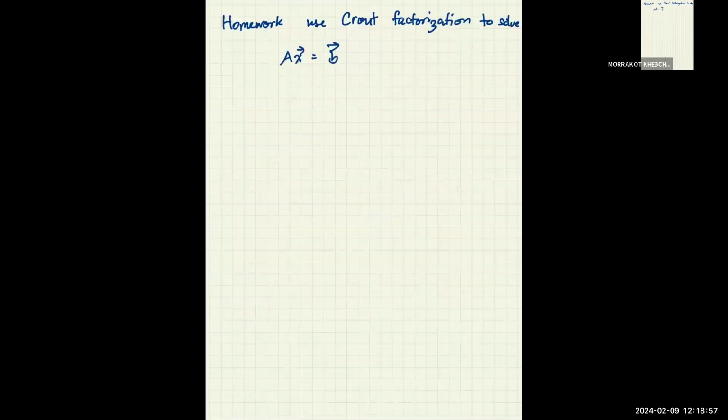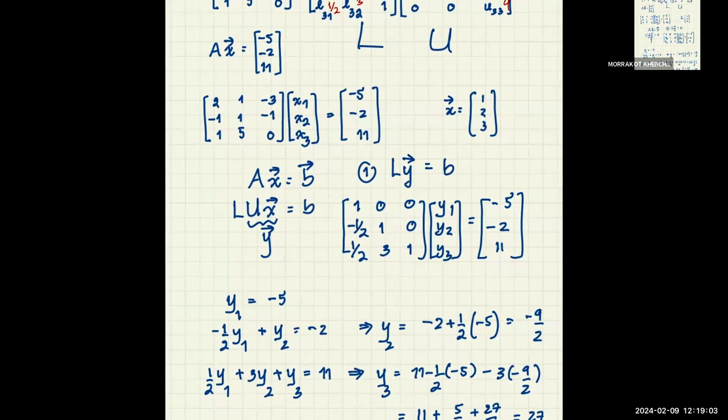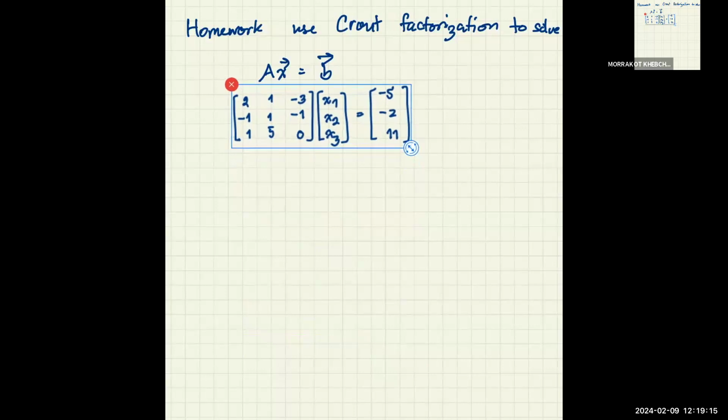A is this system, okay? The factorization is given in class, but just try to follow the steps, but use the Crout factorization, in which U is the unit upper triangular matrix, okay? Due Tuesday before class.